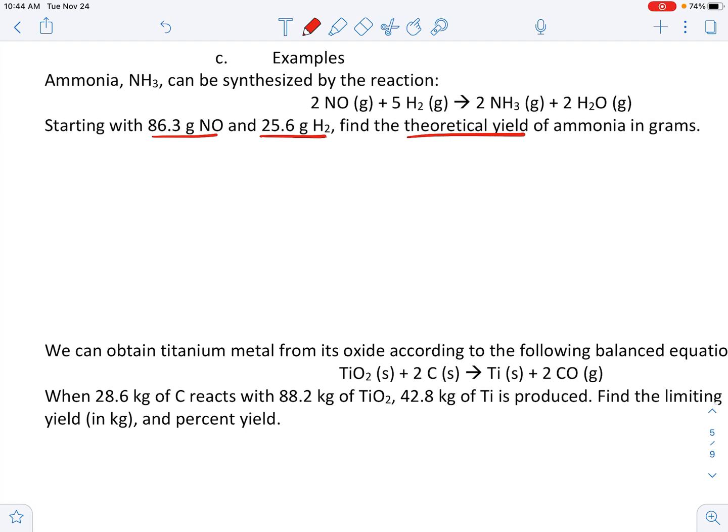Kind of as a quick aside, we've got our molar mass of NO. So we've got 14 plus 16, which gives us 30, right? It's 14.0067 plus our 16, so we're going to go right at 30 there. So NO's molar mass is going to be 30 grams per mole.